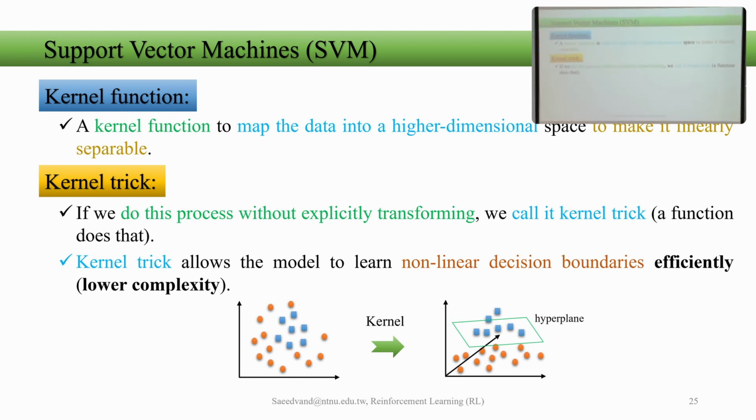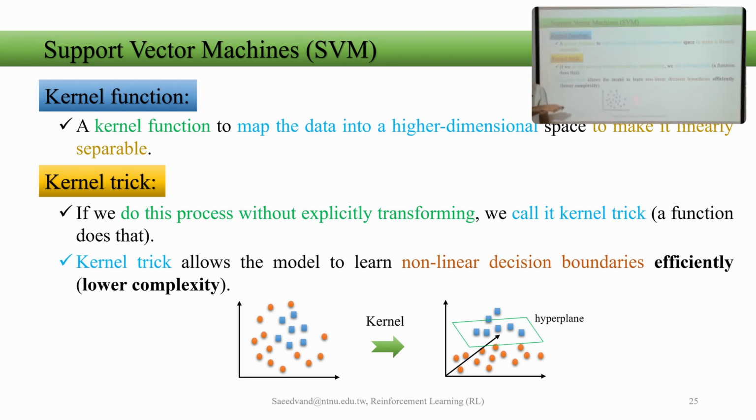We don't want to transform everything, because if the data set is big and very complex, that causes lots of problems. So writing equations instead of really transforming the data is what we call the kernel trick in SVM. The kernel trick allows the model to learn nonlinear decision boundaries efficiently with lower complexity.